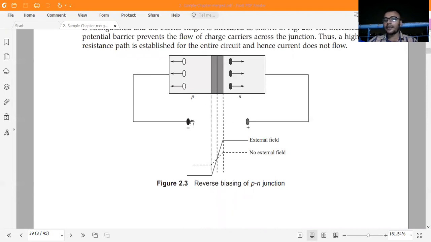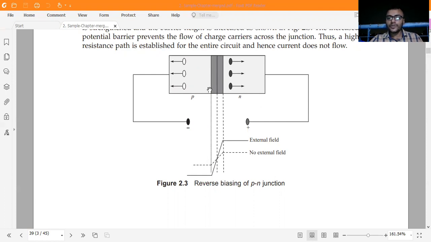If we connect the negative terminal with the P type, the holes are attracted and come towards the left side. And in the N type connected with the positive terminal, the negative charge is attracted toward the positive charge.